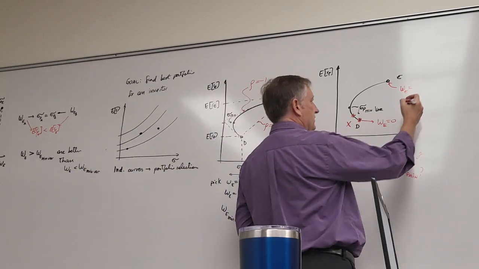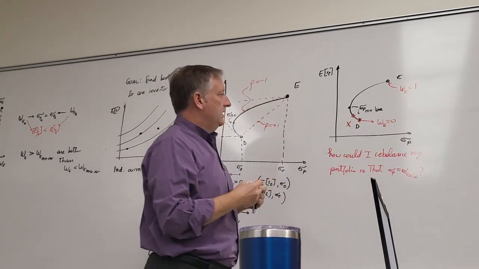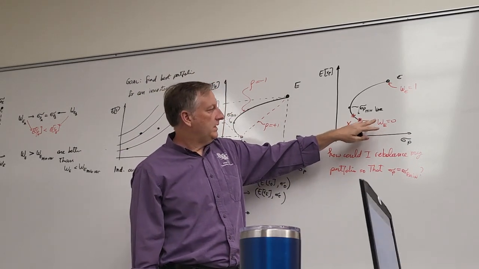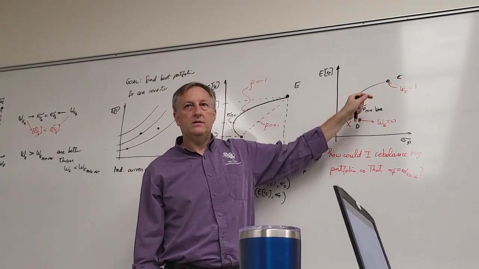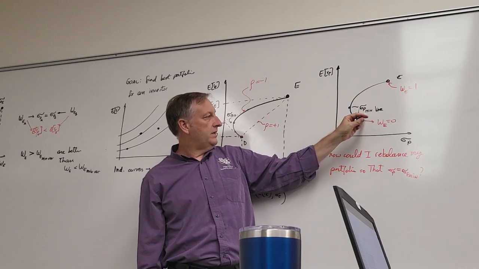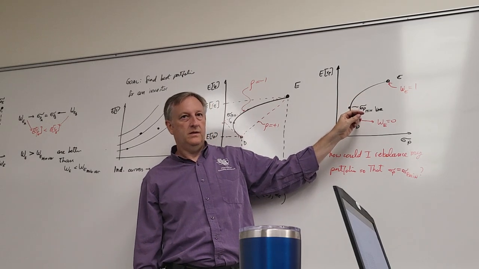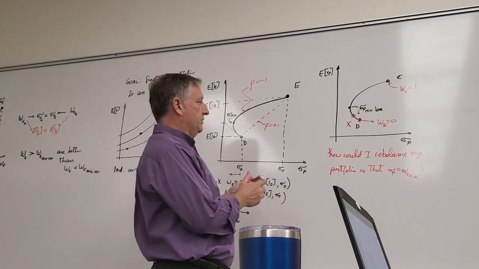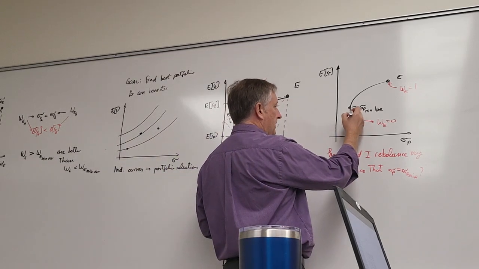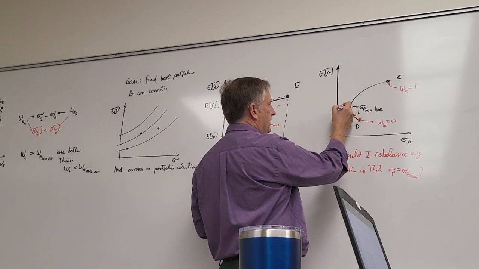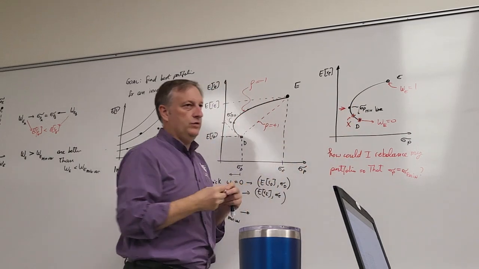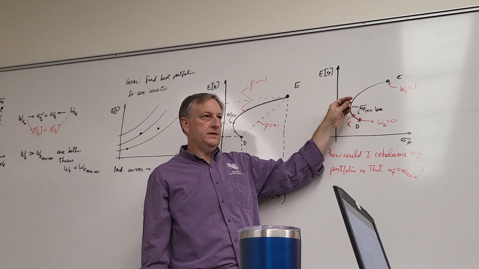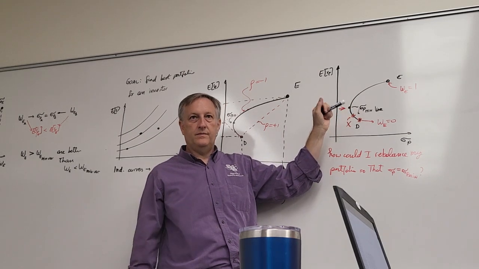So the weight of equity here is 1. Can you tell me what is the trend that takes you from this point to that point? Increasing the weight. You are increasing the weight in equity little by little. So if you have this portfolio X and you want to get this one, what should you do? Invest more in equity and less in debt.